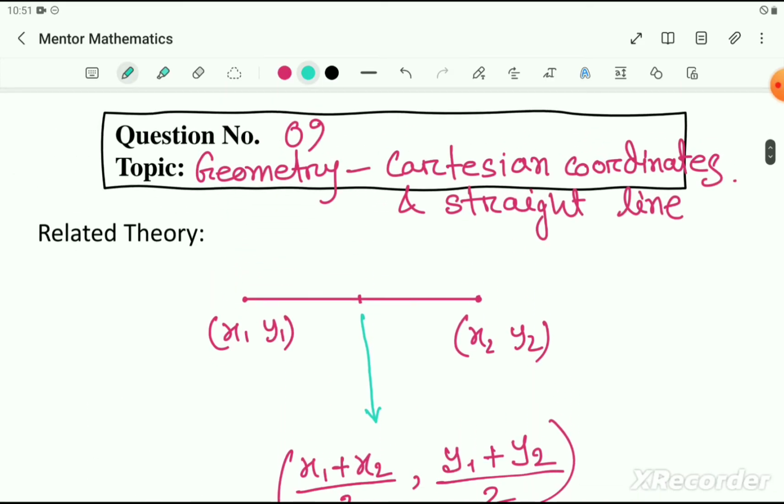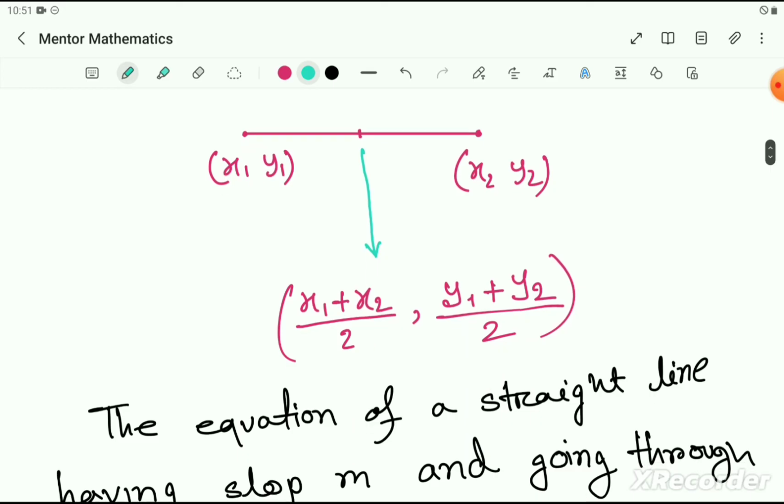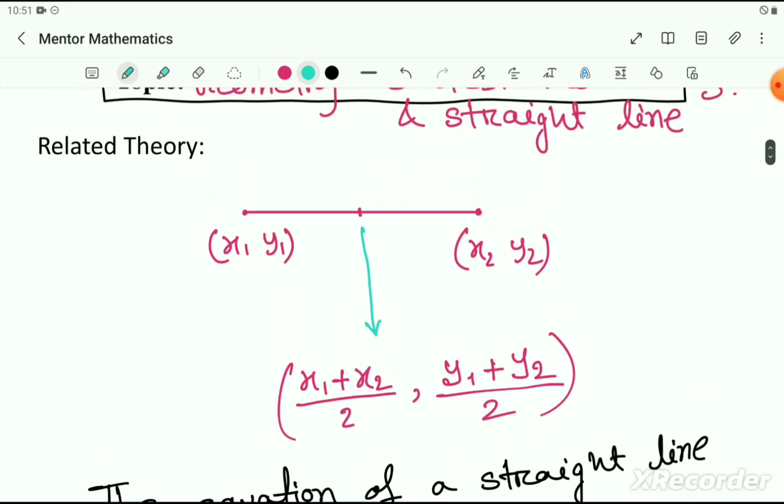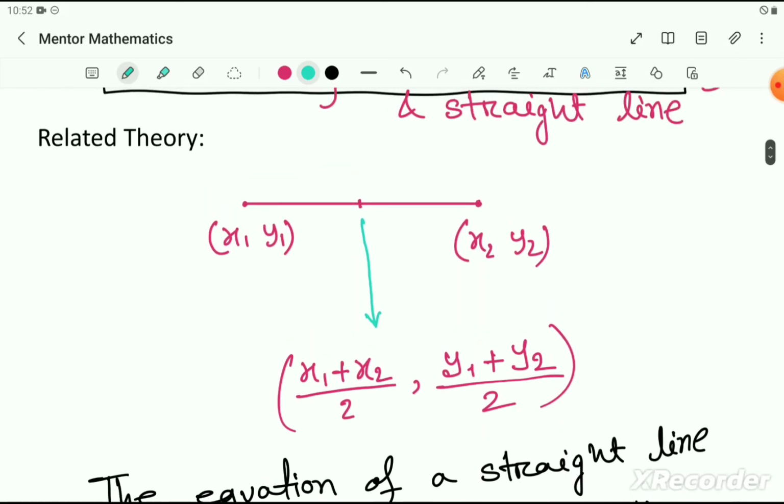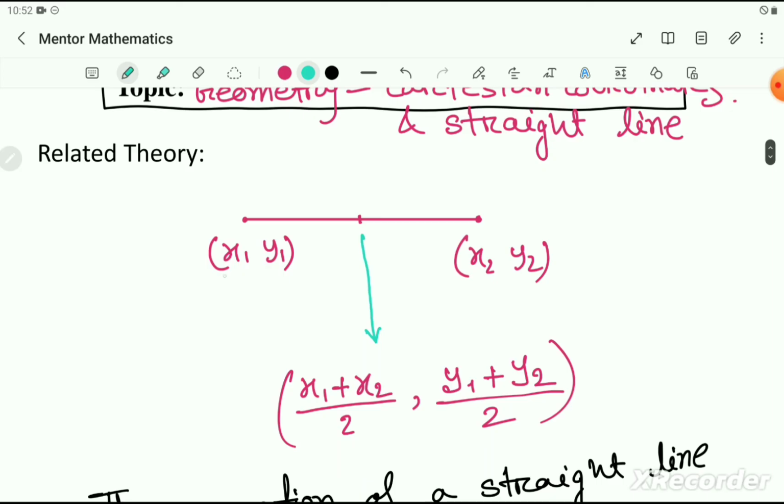So this is a problem from geometry and Cartesian coordinates. Geometry is basically the main chapter, and Cartesian coordinates and the straight line is the sub chapter. The theory I discuss here, you have studied in your 11th or 12th grade. Let's say the endpoints are (x1, y1) and (x2, y2).